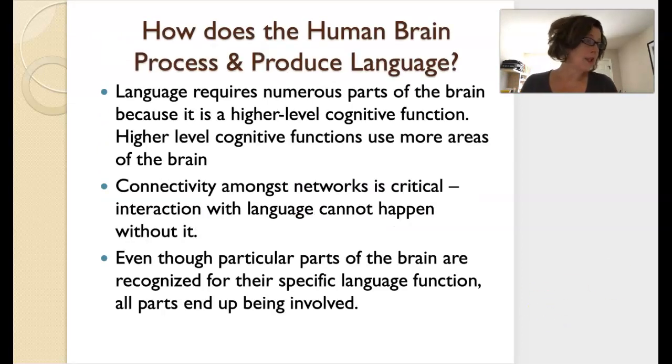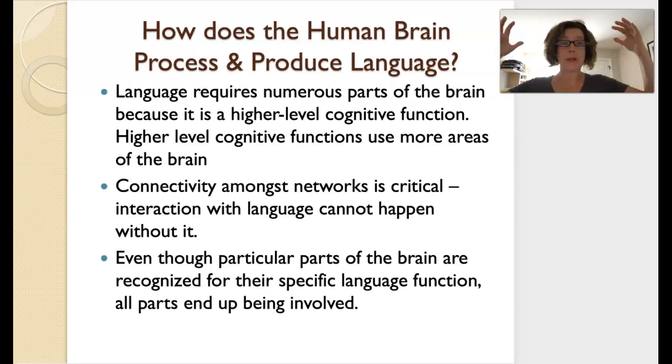Okay, so basically, how does the human brain process and produce language? Again, I put this on here. It's kind of text heavy, but I wanted you to have this written out so that you could refer back to it. Language actually requires numerous parts of the brain because it is a higher level cognitive function. So it doesn't just happen in those two temporal lobes.